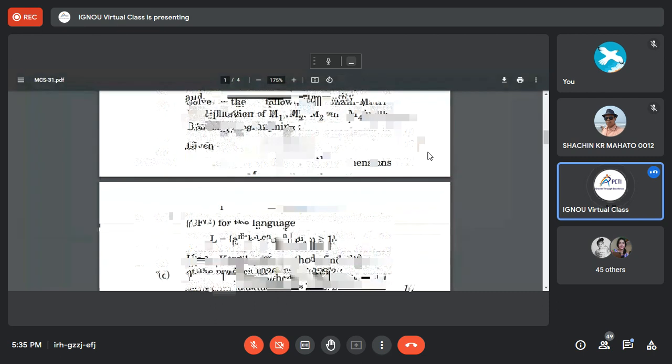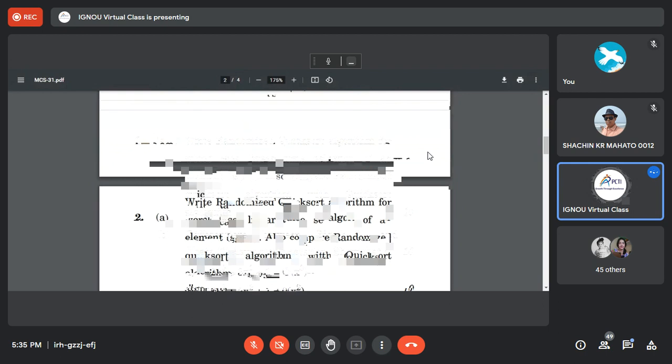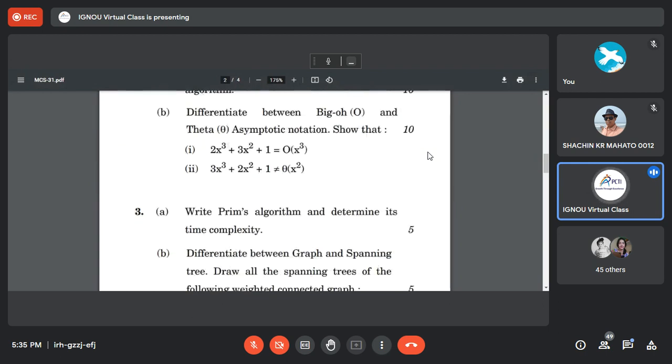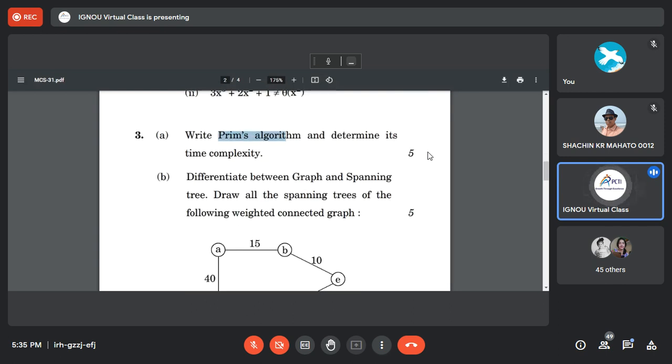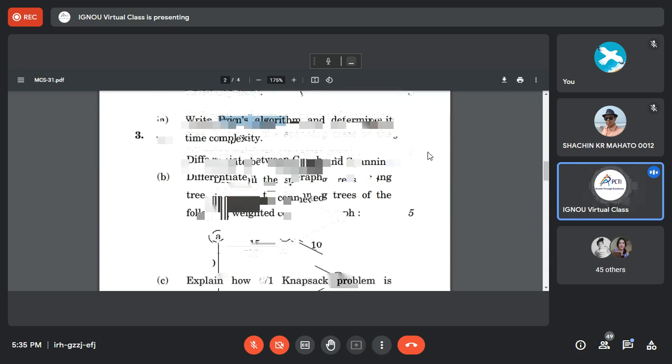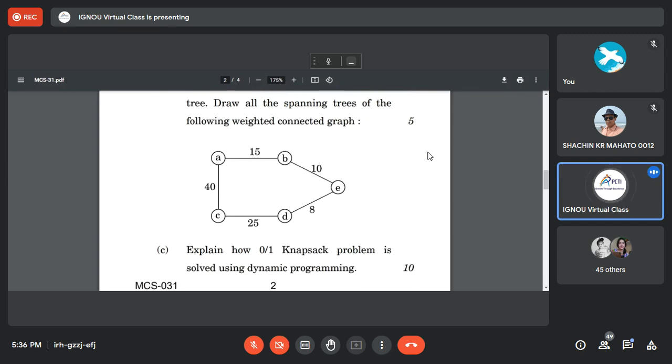The next is integer multiplication. You will get this kind of equation and they will say kindly solve for the asymptotic notations. Write Prim's algorithm and define its complexity. Draw all the spanning trees of the following weighted connected graph.